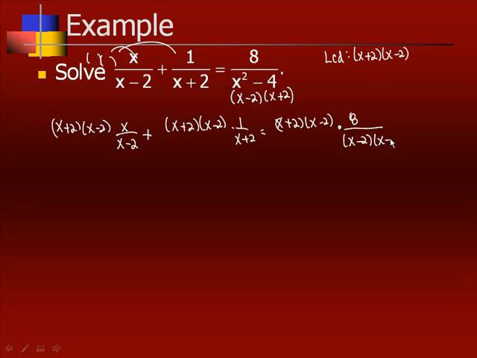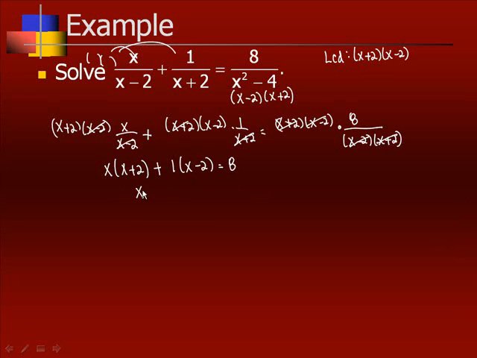Now I'm just going to bring down the factored form so that we can cancel a little easier. First term, the x - 2's cancel, so we get x times (x + 2). Second term, the x + 2's cancel, so we get 1 times (x - 2). Third side, (x + 2)(x - 2) cancel, and we just get 8.